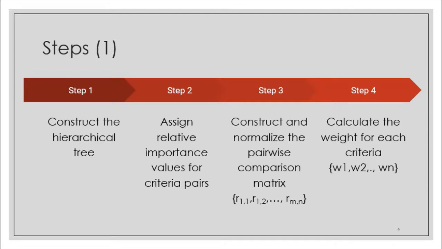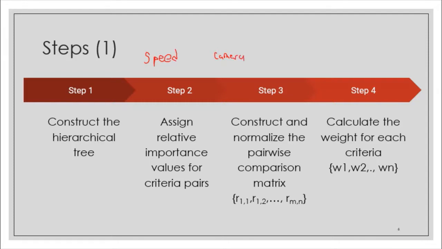So let's say there's a decision maker that's trying to choose the best phone from a set of alternatives, and he's taking into consideration just two criteria, which are the speed, for example, and the camera, for example.